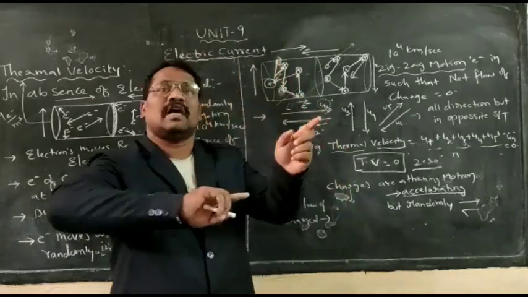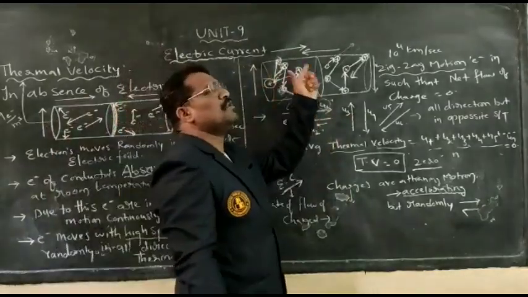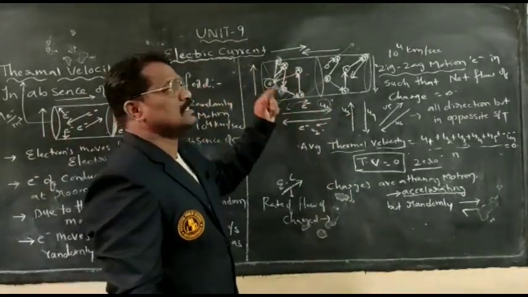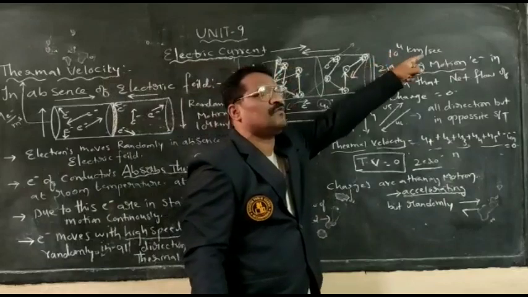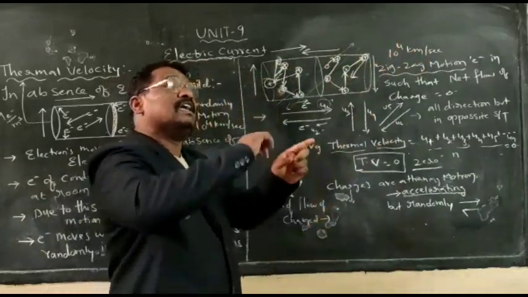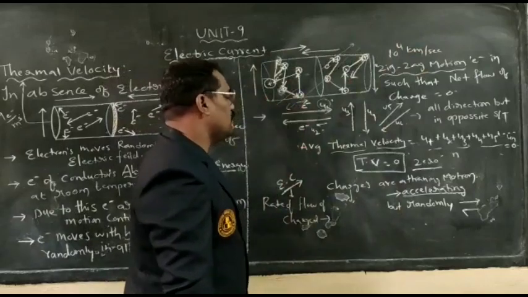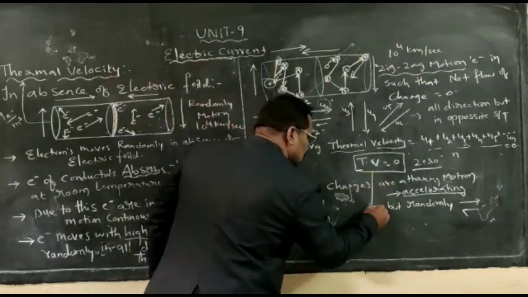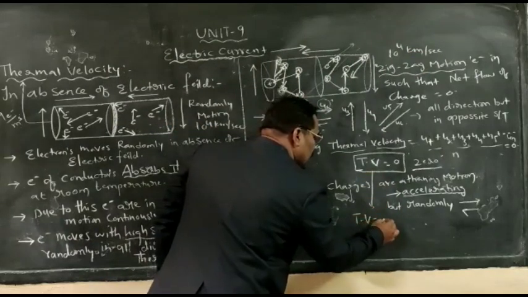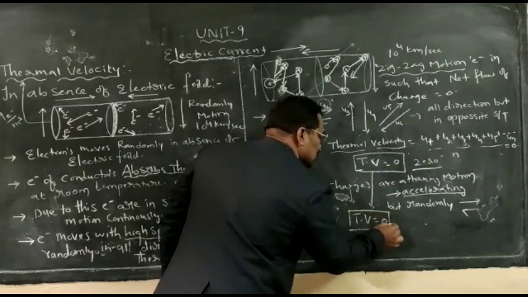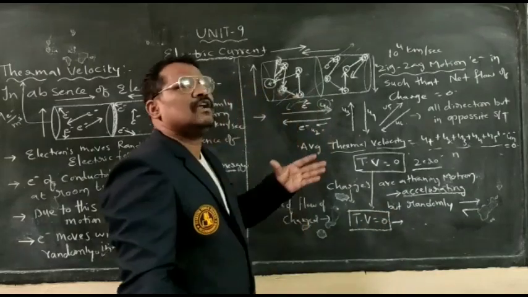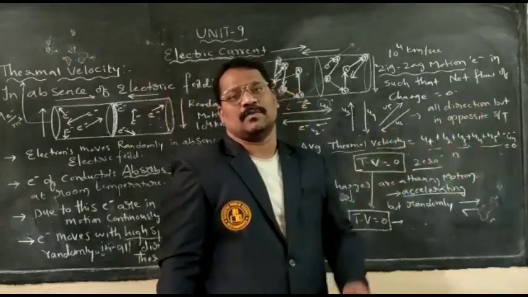Therefore, the electron is also accelerating, but randomly. It is accelerating with a speed of 10 to the power of 4 kilometers per second in all different directions, such that the net charge will be equal to 0. Due to that reason, thermal velocity will be equal to 0, which does not produce current flow in a circuit.